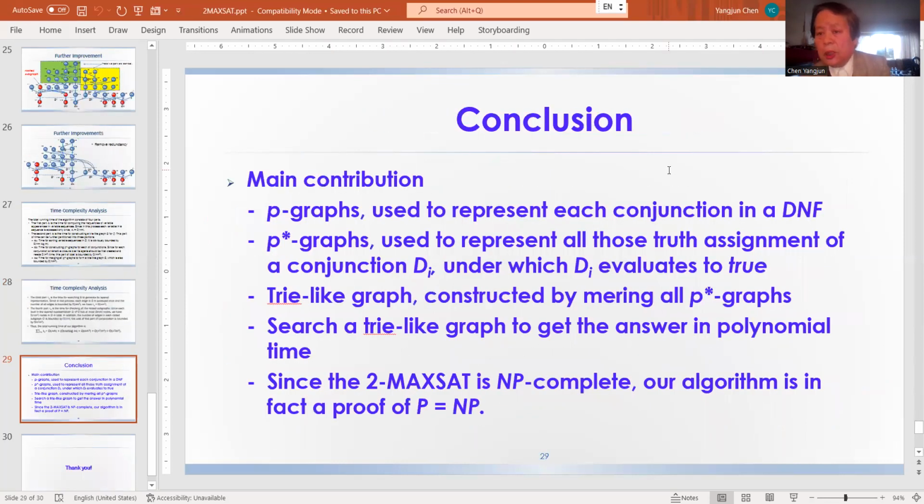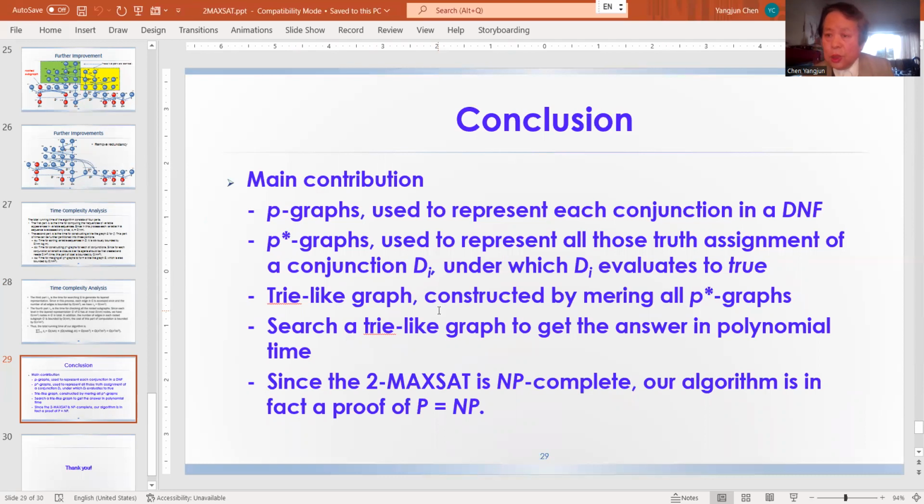In summary, in this talk, we have presented a polynomial time algorithm to solve the 2-mask sort problem. For this, a lot of interesting and important concepts are discussed in great detail. There are p-graphs, p-star graphs, as well as triangle graphs.